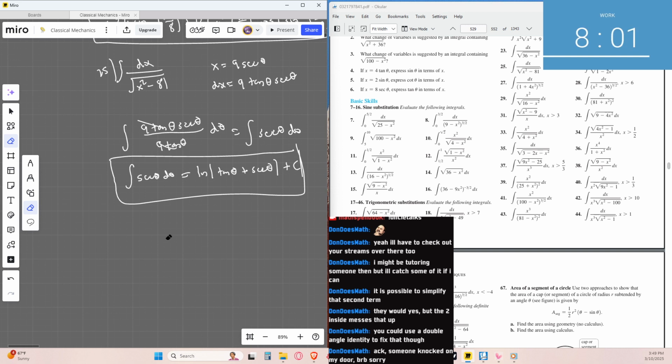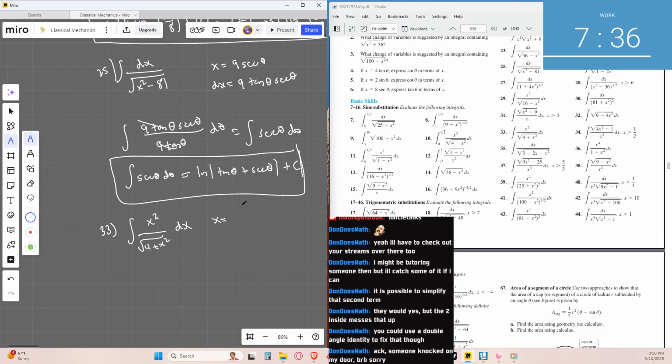Okay, tangent problem. Let's see. Let's try 33. 33 looks like it's fun. So square and then plus tangent.